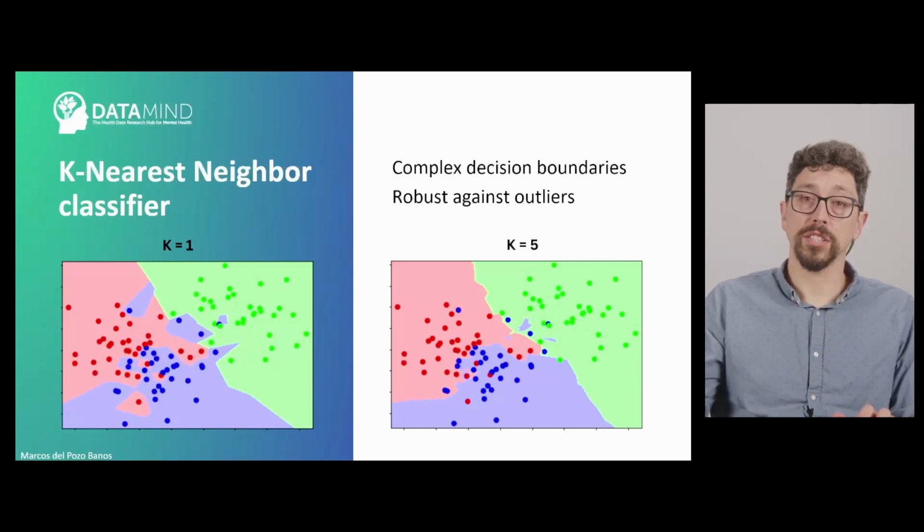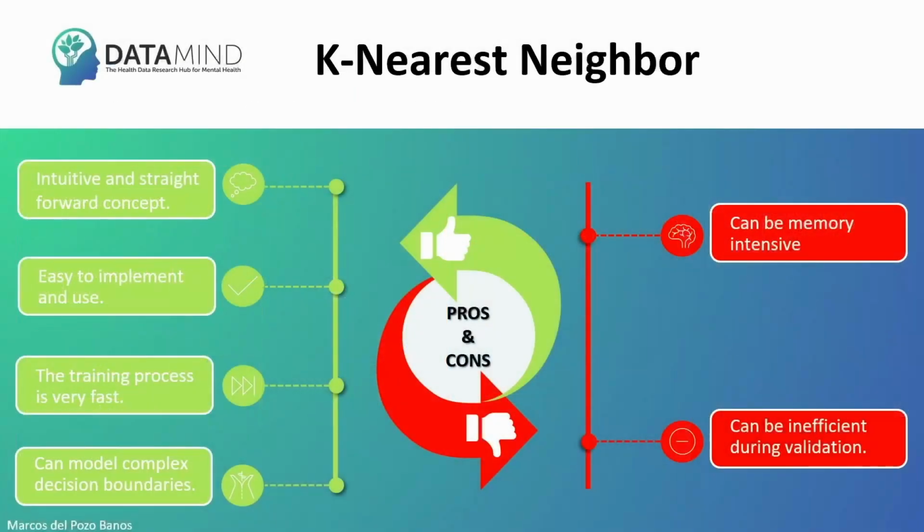This is one big advantage of the KNN. Other advantages are that they are an intuitive and straightforward concept. They are easy to implement and use. The training process is very fast, and they can model complex decision boundaries.